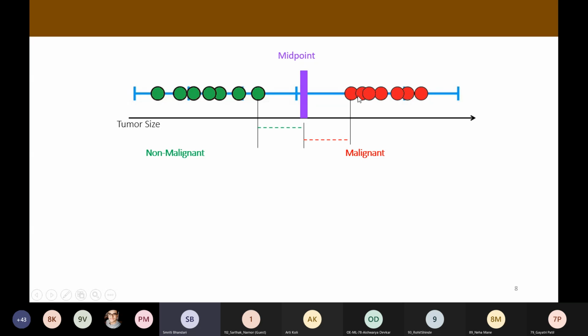Now let's discuss one concept here. What we did was pick up two samples at the edges, find the midpoint, and denote that midpoint as our threshold or decision boundary. So obviously, the distance from this green point to the decision boundary and the distance from this red sample to the decision boundary are the same.